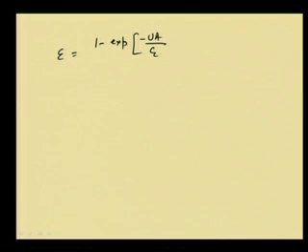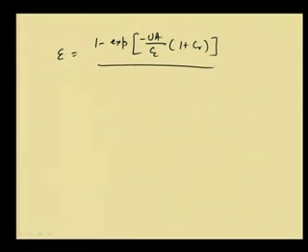Now, if we rewrite it again, then we will get epsilon equals 1 minus exponential minus UA by Cc, the heat capacity of the cold fluid, into 1 plus Cr, the heat capacity ratio of the minimum to the maximum fluid, divided by 1 plus Cr.